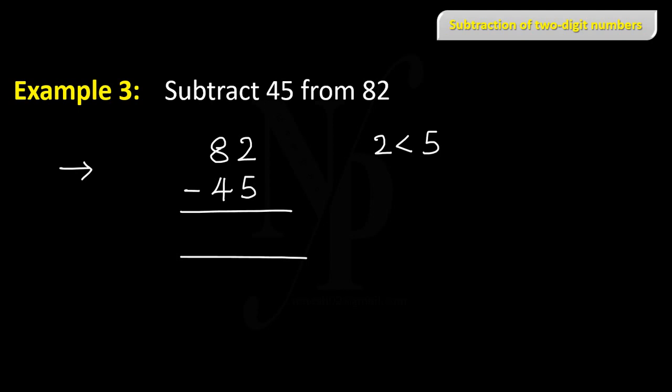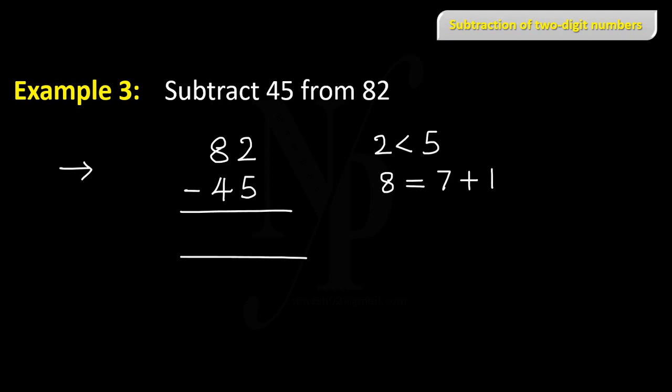So what we should do in this case is, we should take 1 ten from the neighboring column, neighboring number, that is 8. We should borrow 1 ten from neighboring 8 here. So this 8 can be written as 7 plus 1. So there are 8 tens here.